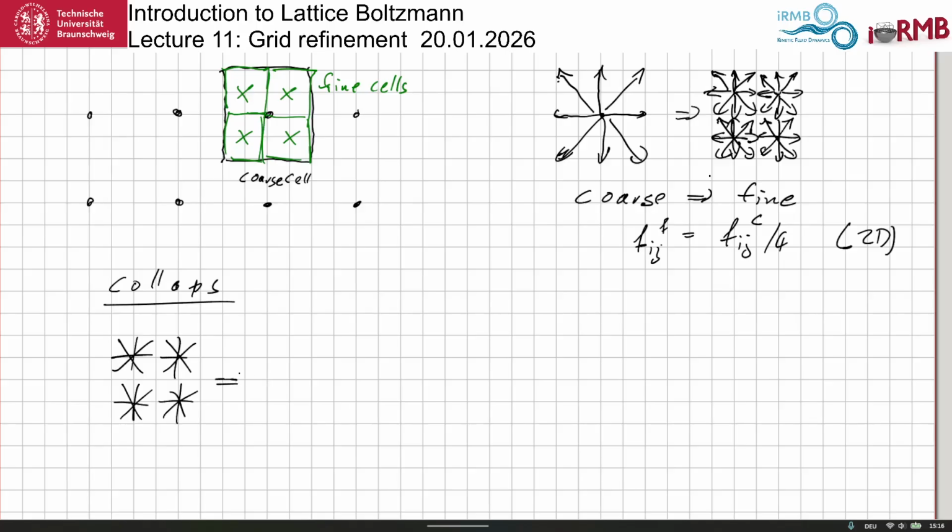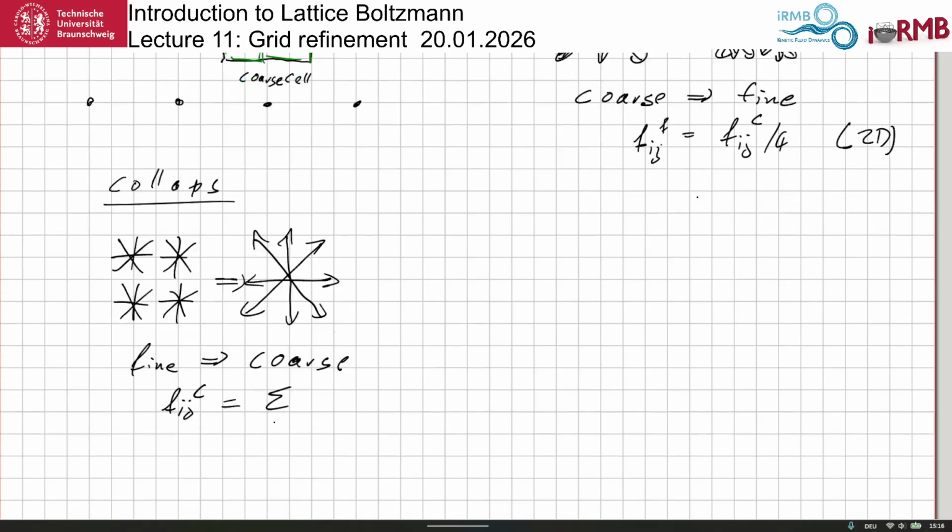All you do is you take all of these things together, and you go from fine to coarse and have F_ij coarse simply as the sum over n, over all four of them, of F_ij fine n. So you simply add them together.